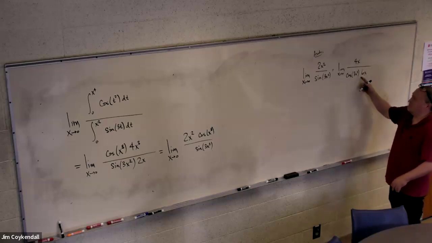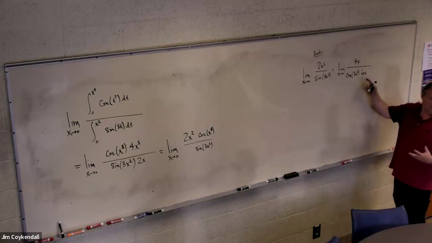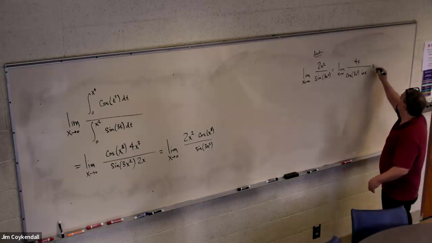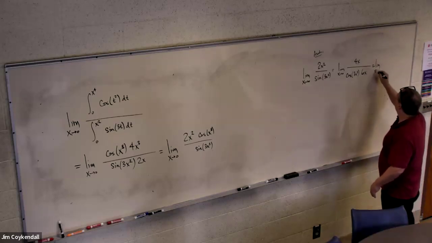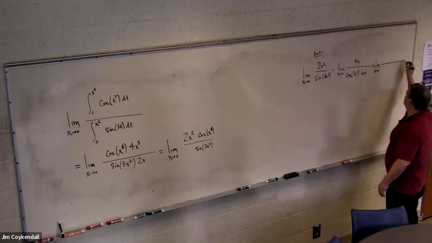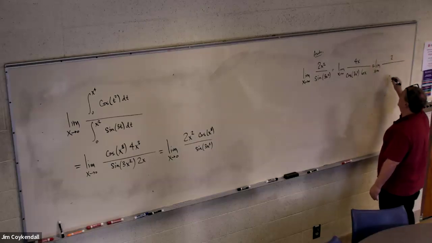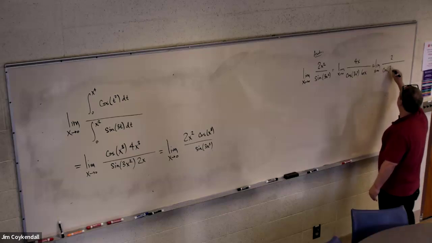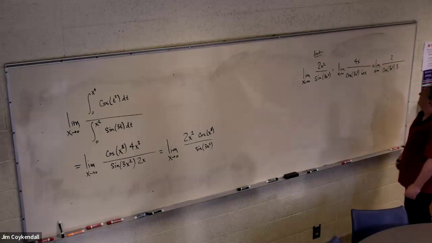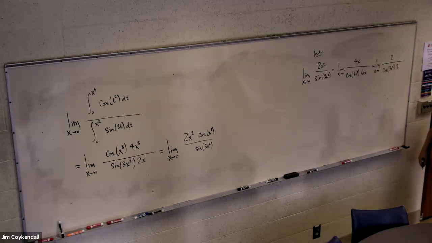Because you get 0 over 0 again, but you'd be doing l'Hopital's rule again for no good reason. And again, you'd have another product. If I can cancel a 2x out of this, two cosine three x squared. What is this doing?